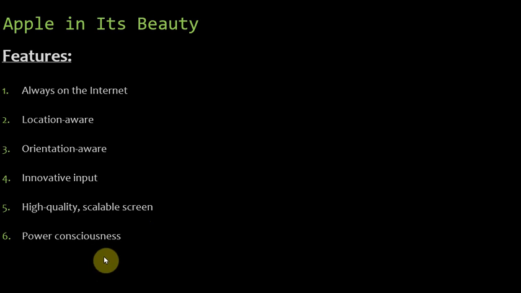The last feature which the mobile manufacturers made use of is power consciousness, because the iPhone runs on battery. As a developer, we need to watch the power consumption of our application.